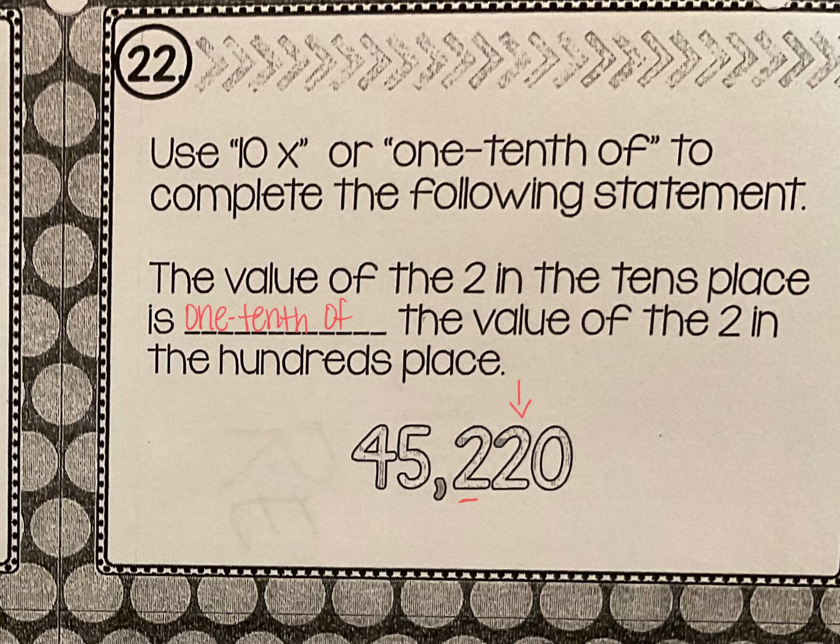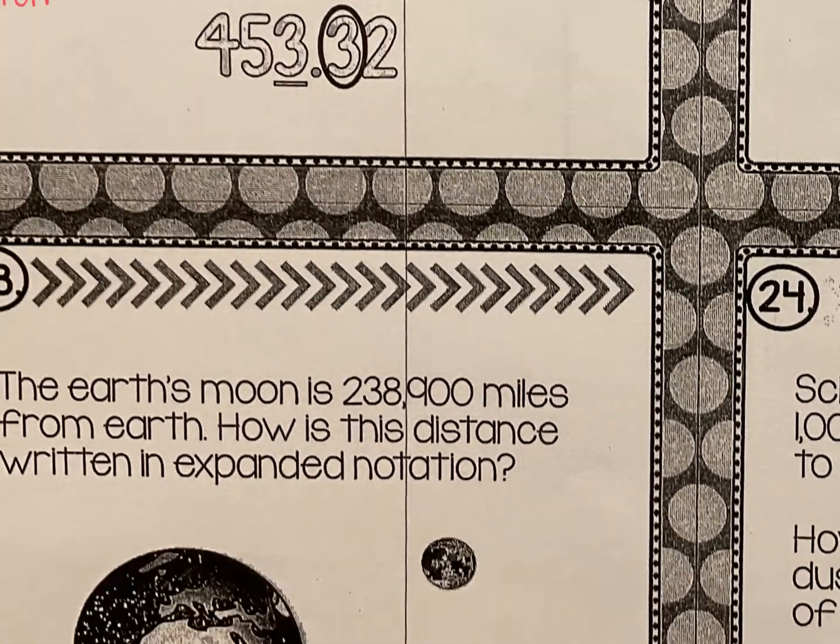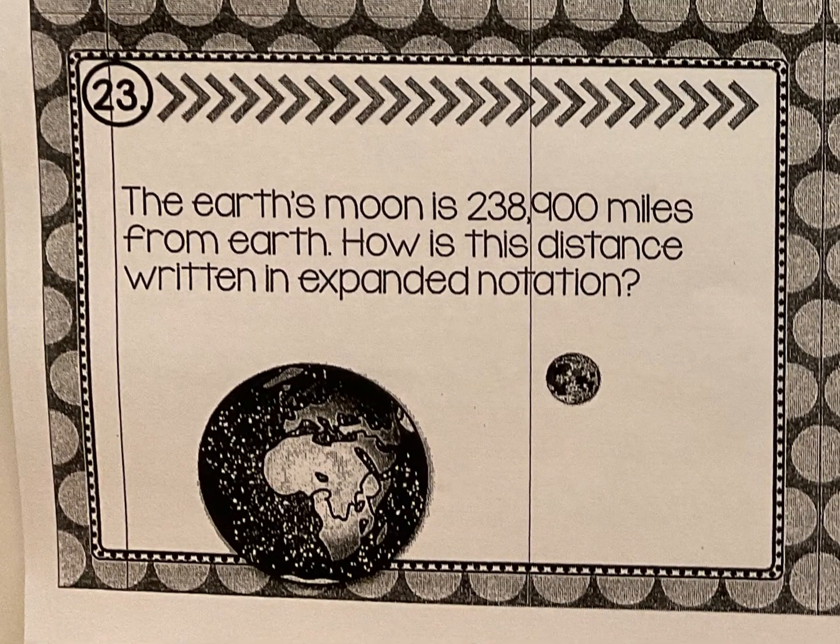Okay, 23. The Earth's moon is 238,900 miles from Earth. How is this distance written in expanded notation?